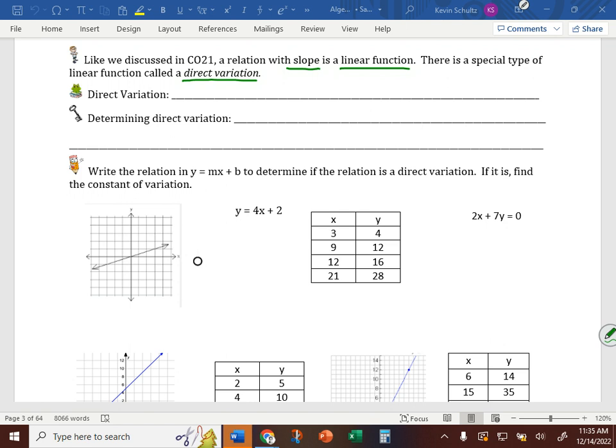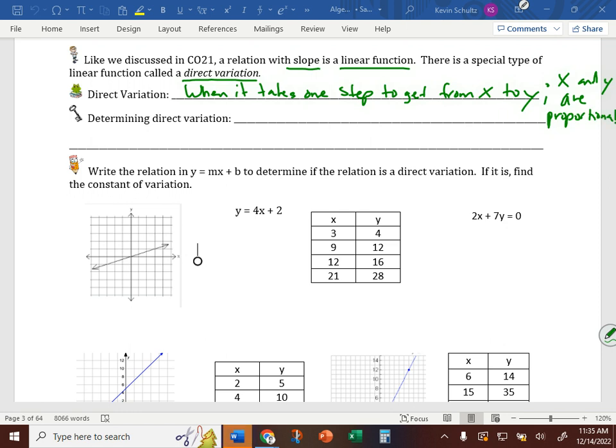Essentially, direct variation is, how do I want to word this? The elementary way is that it takes one step to get from X to Y. Another way to say that would be X and Y are proportional.